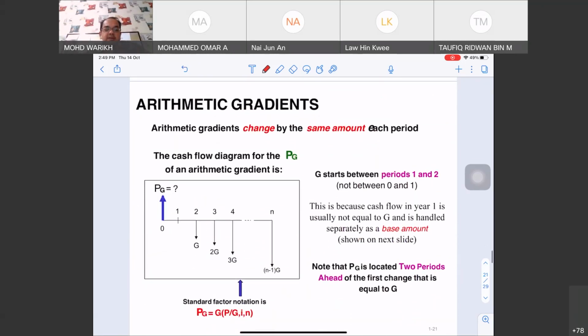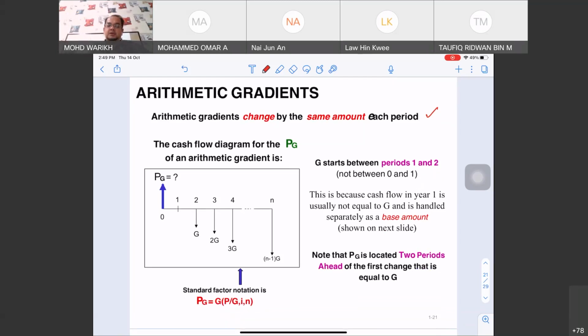So next is about the arithmetic gradients, the more difficult one. What is an arithmetic gradient? An arithmetic gradient changes by the same amount each period. The cash flow diagram for the PG of the arithmetic gradient is this one. This means that G, the gradient, starts between period 1 and 2, not between 0 and 1.